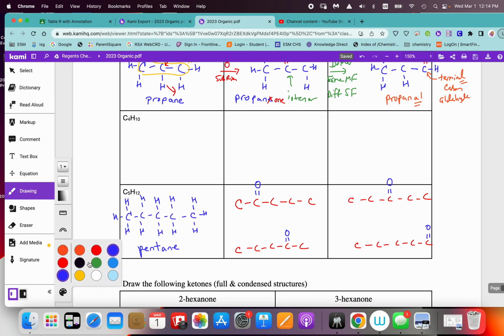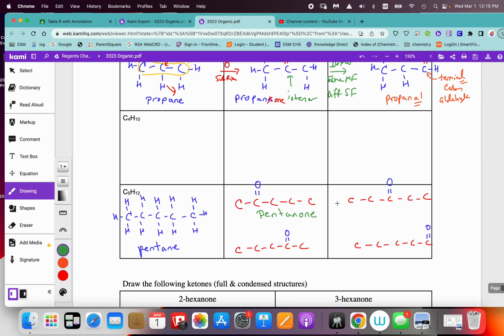So here we go. My first structure, 5 carbons, single bonded, so that's based off of pentane. But I have a double bonded oxygen on an interior carbon, not terminal. So terminal, terminal, interior. So this would be pentanone.